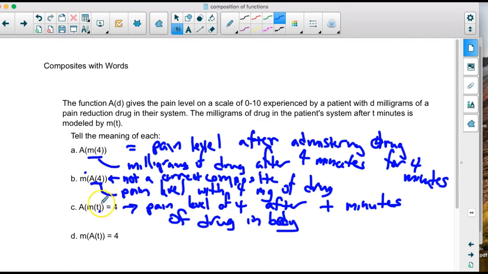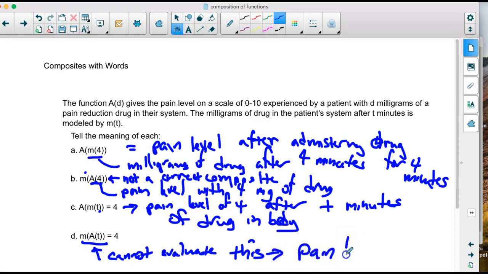Because this is saying that this is giving the pain level, and this is saying it's giving the milligrams, so this represents 4 milligrams after a pain level. So this still doesn't make any sense here. You can't put a pain level in for time, so you cannot evaluate this. Pain level doesn't equal time.